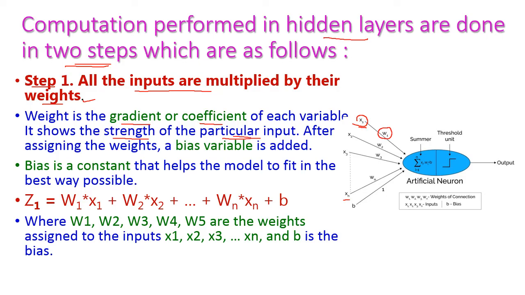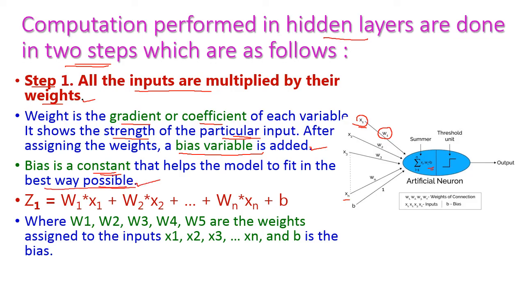Okay, so after assigning the weights, the bias variable will also be added here. See, bias will be there. Okay, bias is nothing but a constant value which helps the model to fit the best way possible.